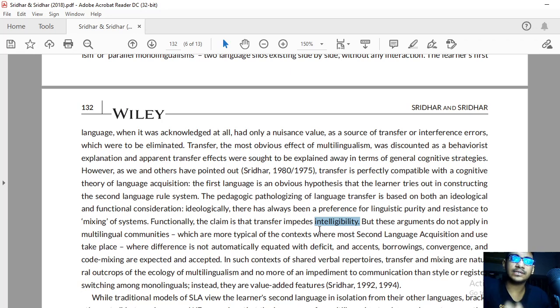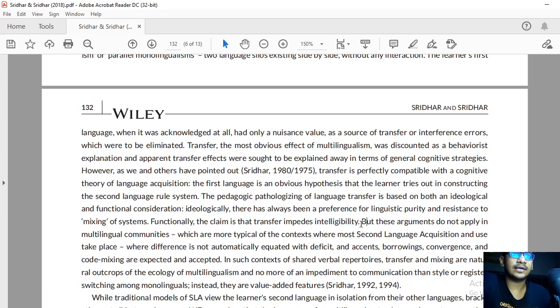So intelligibility is the main thing rather than the so-called standard English. It's not that American and British people should be the standard, but that the more people can understand each other, the more intelligible people are to each other, the better language users they are.